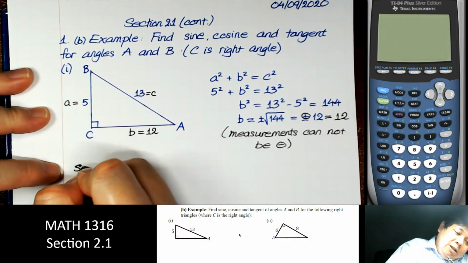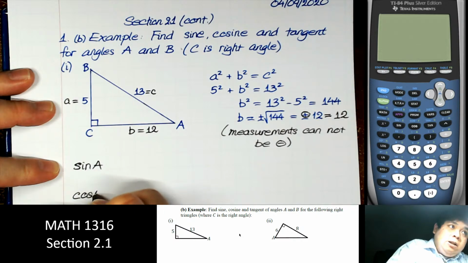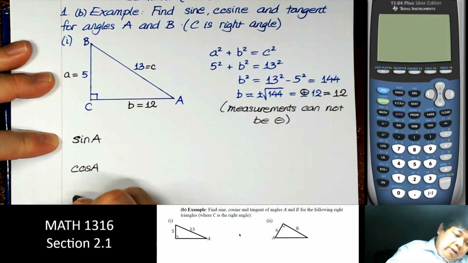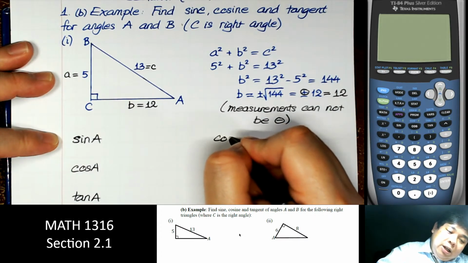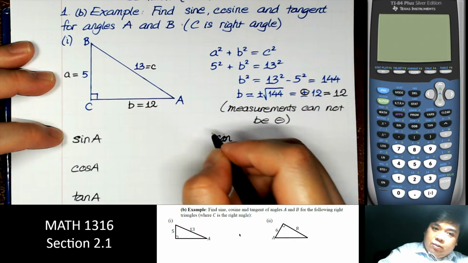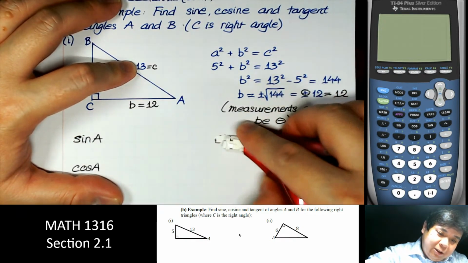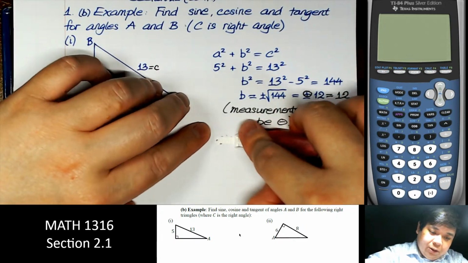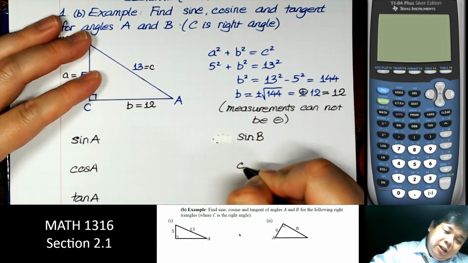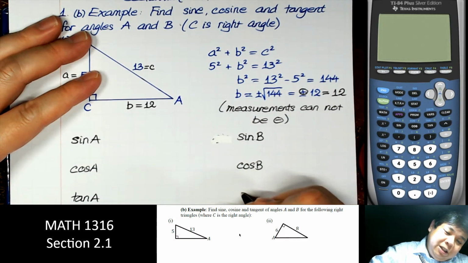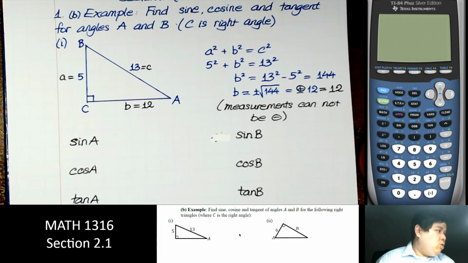So sine A, cosine A, and tangent of A. And then for B, sine B, cosine B, and tangent B. That should be very straightforward.